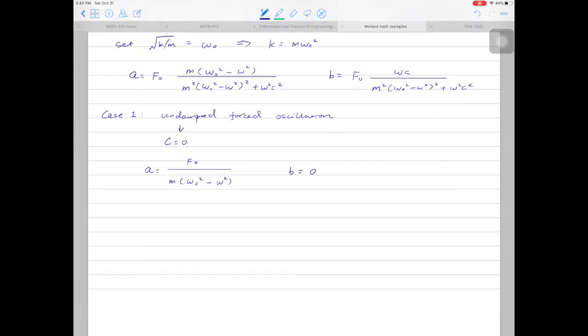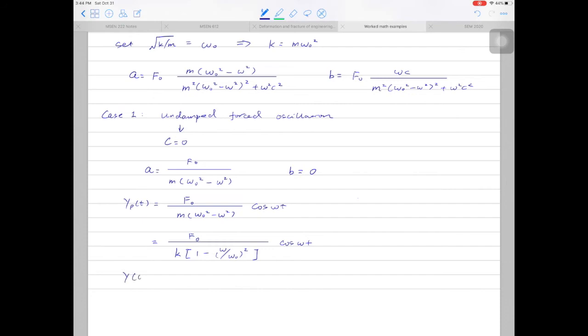B is simply 0. Substitute A and B, and you can obtain the particular solution for this oscillation. Yp is equal to F0 over m times omega naught square minus omega square, then cosine omega t. You can also write it as a function of k.